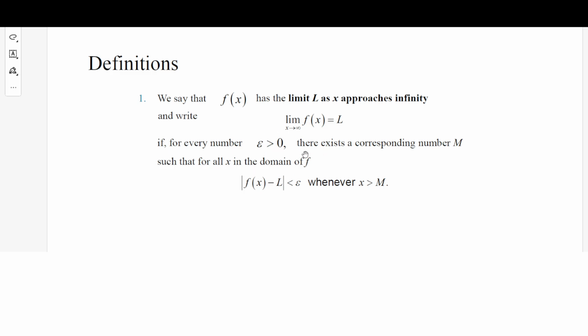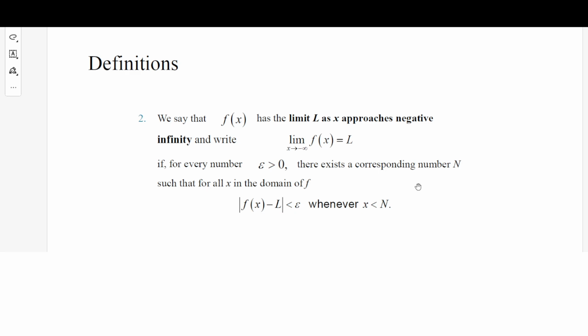The very same concept we're applying here: for every number epsilon, if there exists a number M, such that for any x greater than M, the difference between the value of the function and L is always less than epsilon, that's called limit. But I want you just to focus on this concept. This is nothing new. It's just the limit of the function when x approaches infinity or negative infinity.